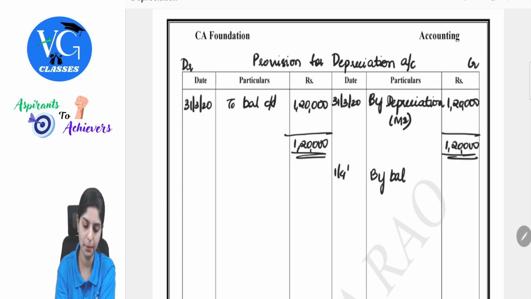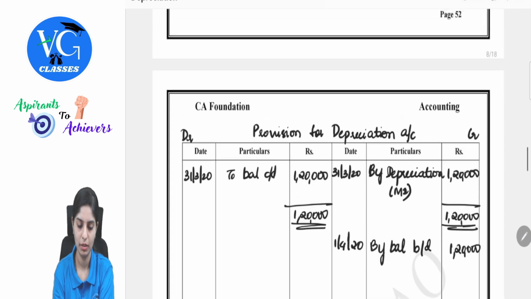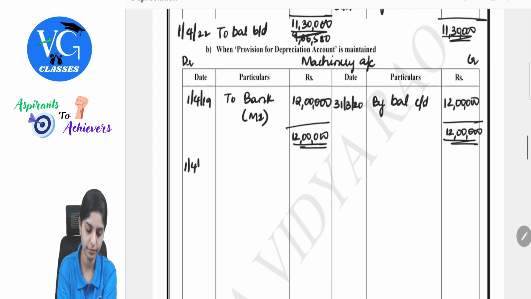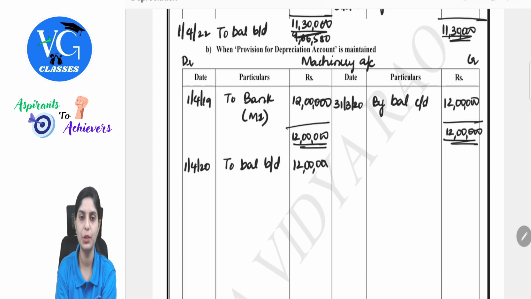This is 1st April 20, by balance brought down. In the year 2020 also there was no transaction.